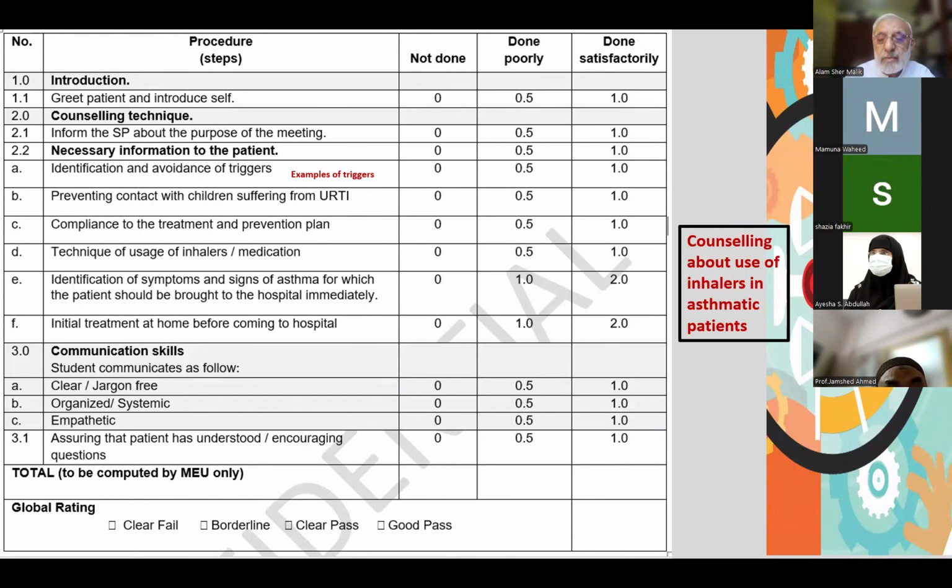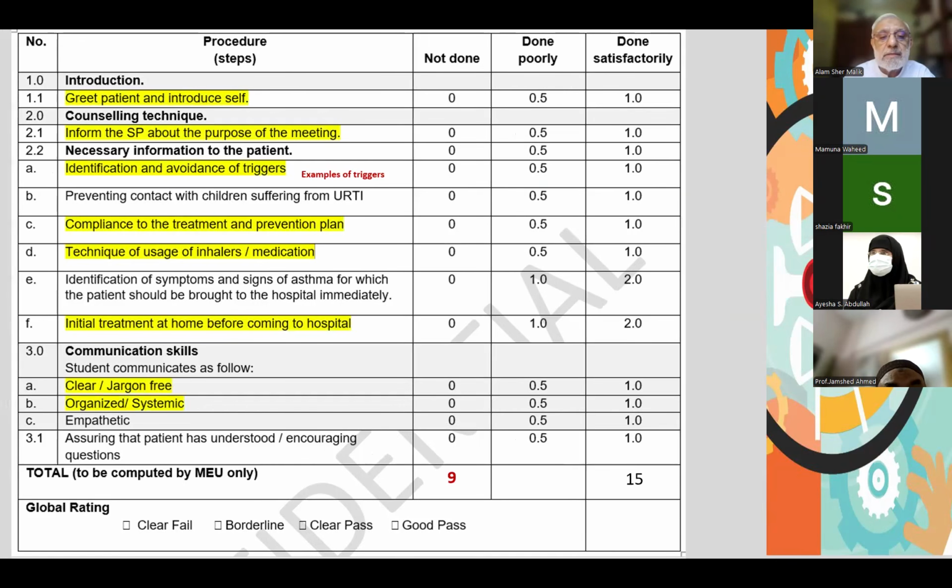Now SMEs have identified these points which are essential for a candidate to pass. For example, greeting the patient, informing the patient about the purpose, identification and avoidance of triggers, compliance to the treatment technique and the initial treatment, and clear language.